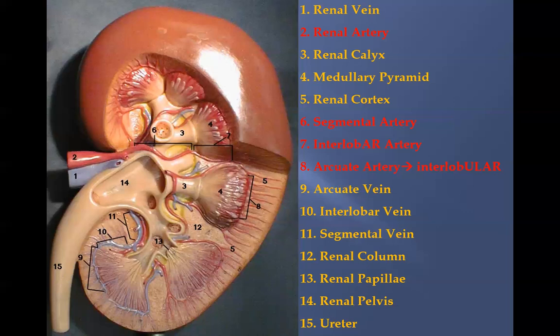And then it forms the arcuate artery. From this arcuate artery, the interlobular arteries go out. And these interlobular arteries go and join the glomerulus. So each glomerulus is supplied by an interlobular artery, and it is drained by an efferent artery.